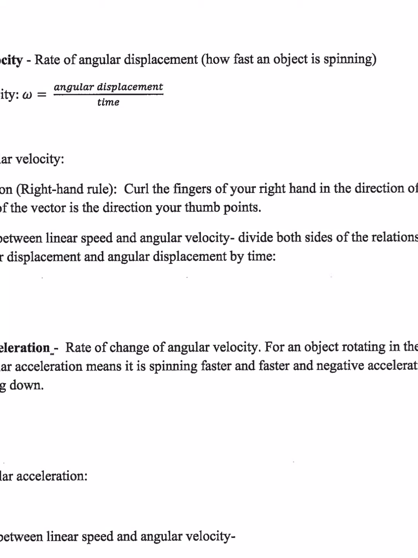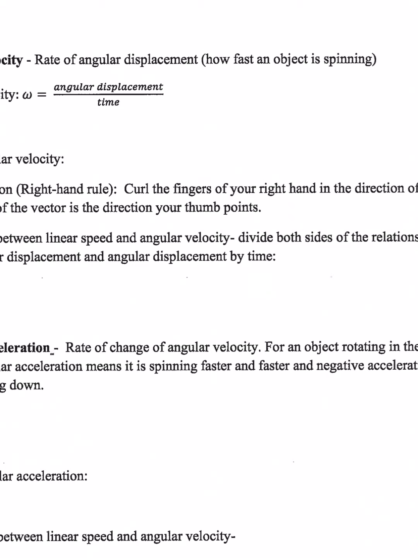Radians? We still used theta, didn't we? So this is going to be theta over t. What are the units of angular velocity going to be? Theta is in radians, and time is in seconds, so it's radians per second.